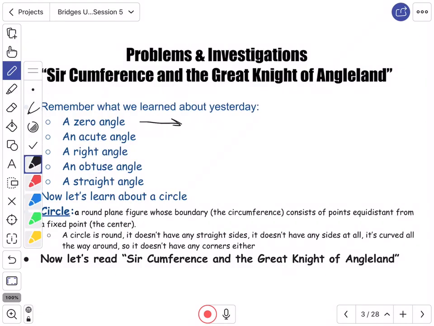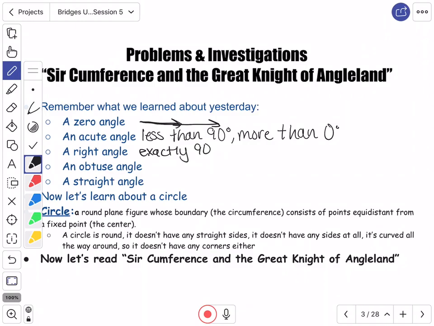Okay, so for Circumference and the Great Knight of Angleland, remember what we learned the other day, that zero angles measure simply zero. They basically look something like this, if you remember. So it's kind of like two rays almost on top of each other. An acute angle is less than 90 degrees, but it's more than zero, right?